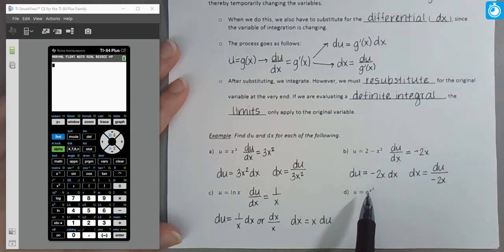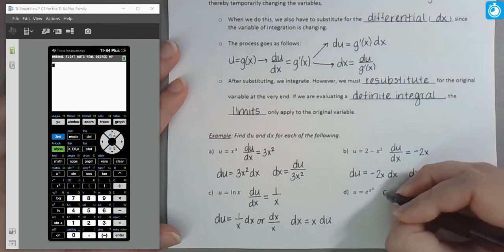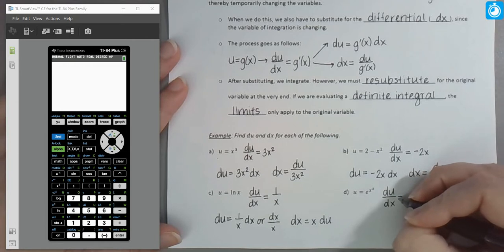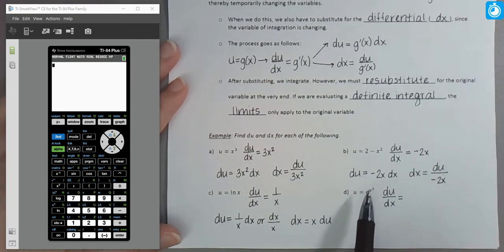Okay, and the last one. This one's a little bit more complicated. So look, it's an exponential function, but inside the exponential function is another function, which means if we want to differentiate this, we have to use the chain rule because this is also a function inside of a function. Not to worry, we know how to do that. So we're going to take the derivative of u with respect to x. Okay, so for this function, our outer function is the exponential function with e.